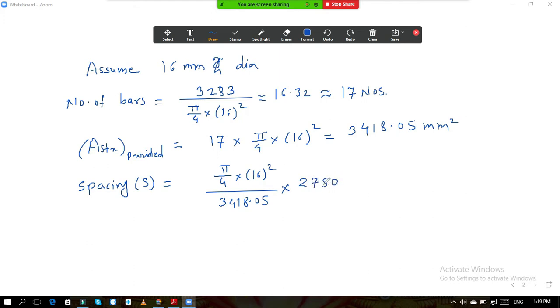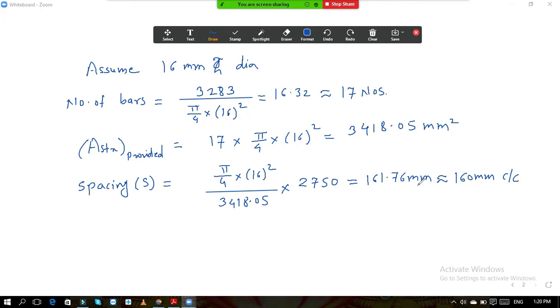Here we have not assumed initially that we are doing the analysis per meter width. That assumption we have not done here in the footing. That is why we are taking overall width. It is 161.76 mm, which is nearly equal to 160 mm center to center.